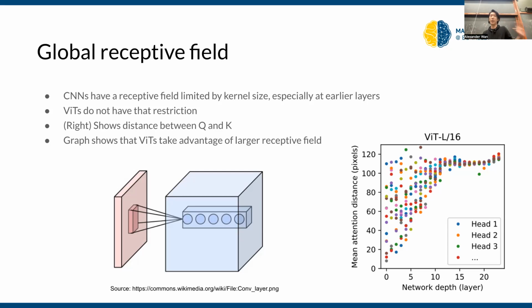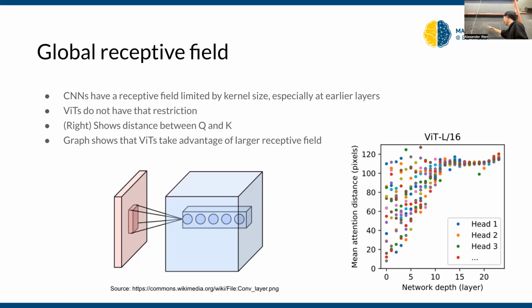And we can see evidence in practice for this happening with this graph. The y-axis is the mean attention distance. This is essentially the distance between the original query and the key that it ends up using. So the attention distance between here and here would be 1, here it would be 2, and here would probably be the max, right? Then you average them and weigh them by how much they are actually used.